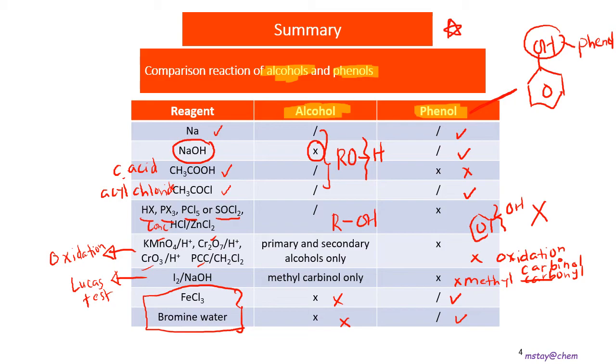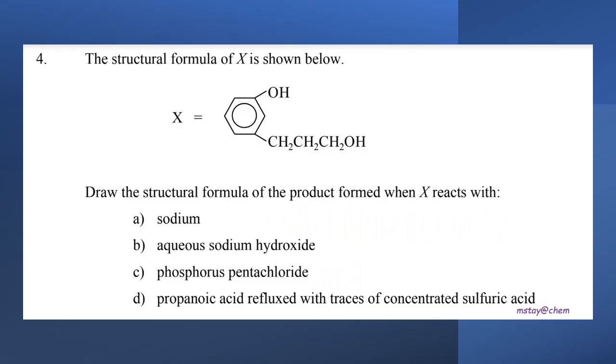So now we continue to the next question. Okay, we are in tutorial question number 4. So this OH group, we will consider as the character of phenol, while this OH group, we consider as alcohol. As we said just now, sodium will react with both phenol and alcohol.